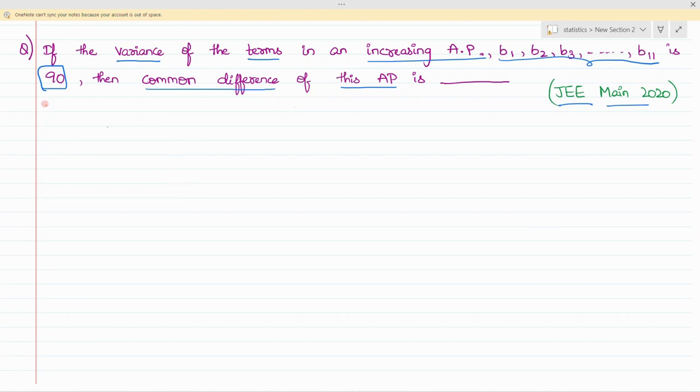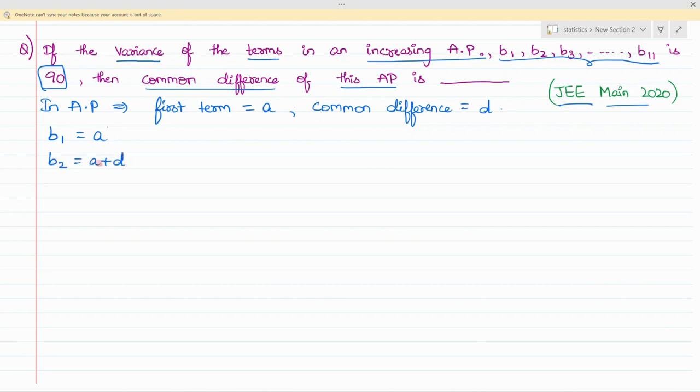So first, in the sequence AP, assume the first term as A and common difference as D. So now, using AP conditions, let's write the terms over here. So B1 will be nothing but the first term, that is A. B2 is A plus D. B3 is A plus 2D, and so on till B11, which is nothing but A plus 10D.